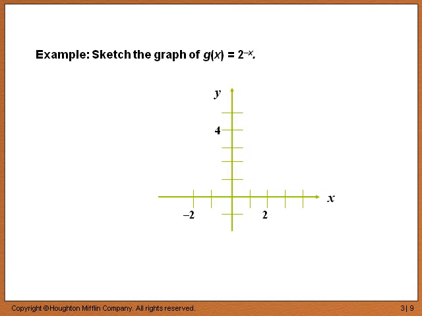Let's look at the graph of g of x equals 2 to the negative x. First, as usual, we're going to graph our f of x equals 2 to the x, the normal exponential function. We'll see what kind of effect this negative x has.